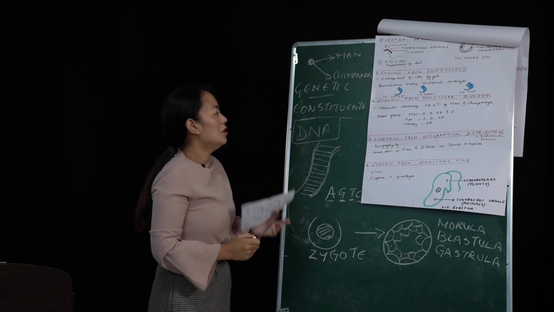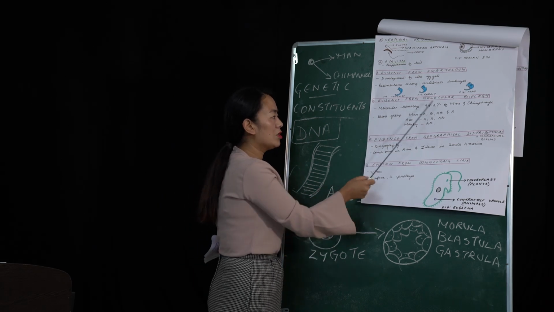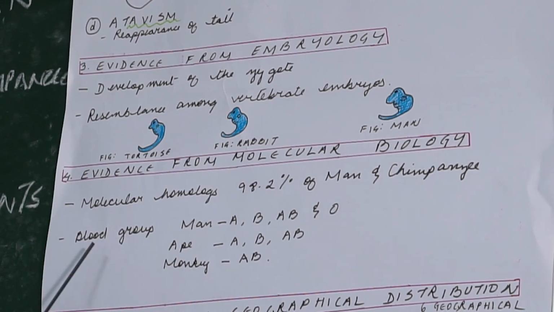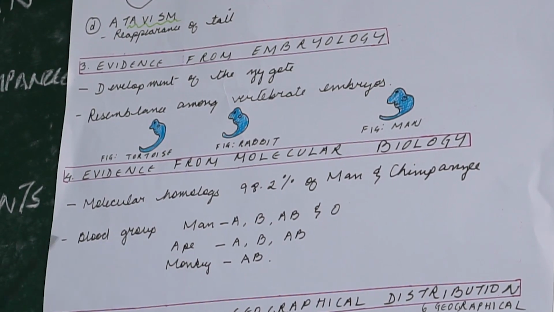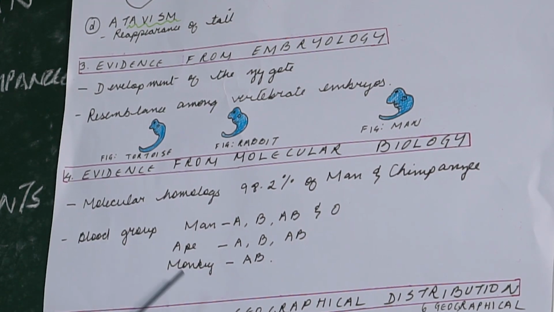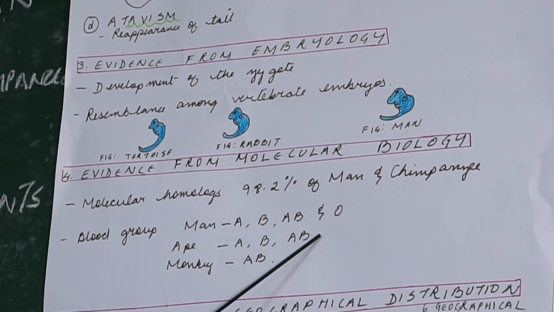Divergent evolution. So, besides this, what are the evidence from molecular biology? Under molecular biology, besides the DNA, the blood group also comes. When they looked at the blood group of man, ape, and monkey, they found that man is composed of A, B, AB, and O blood groups.